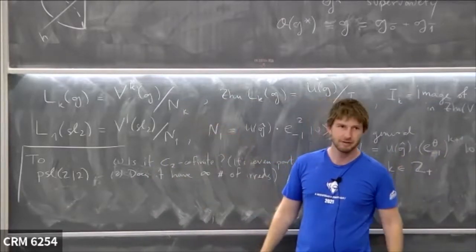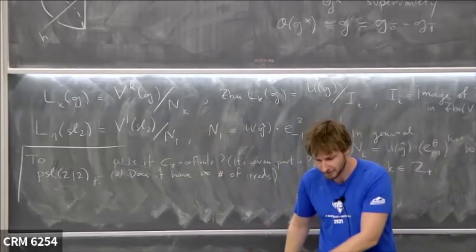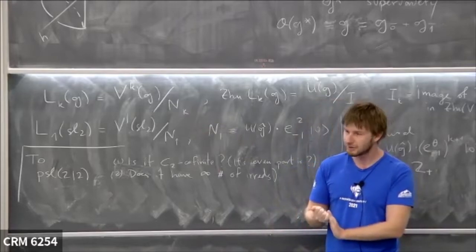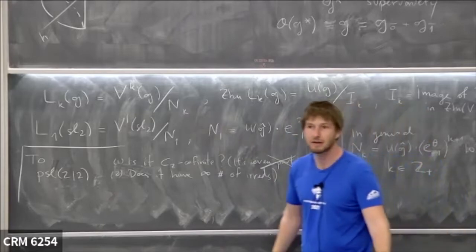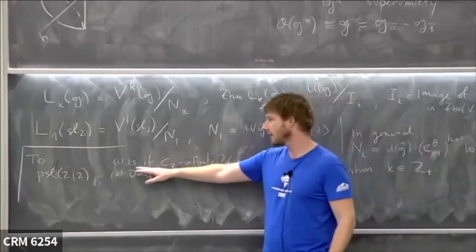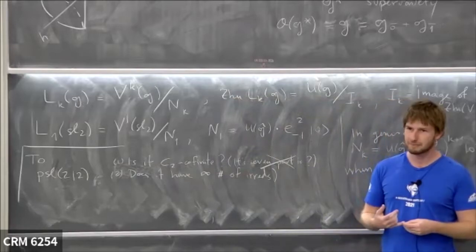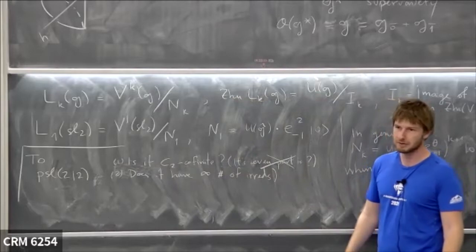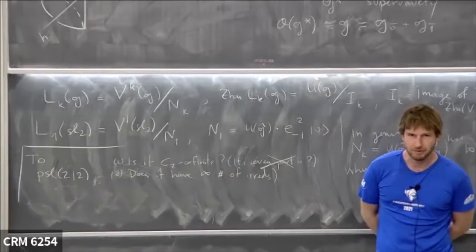Only OSP(1|2n) is good in this way. Superalgebras are hard. People don't appreciate that. So this one is non-C2 cofinite, but indeed its even part is already non-C2 cofinite, so it's not a big surprise that it has a lot of representations. Very good.